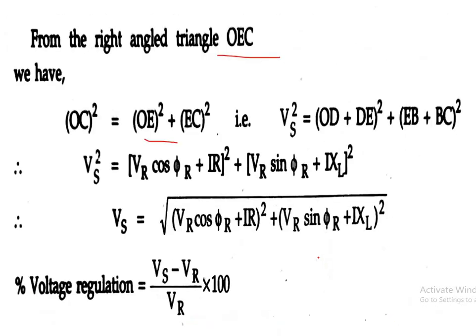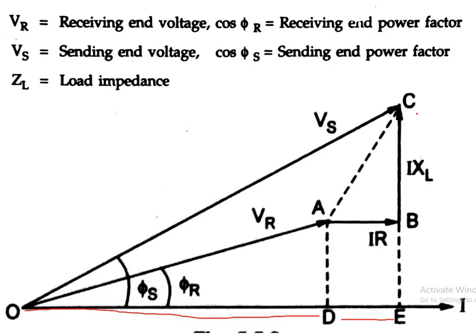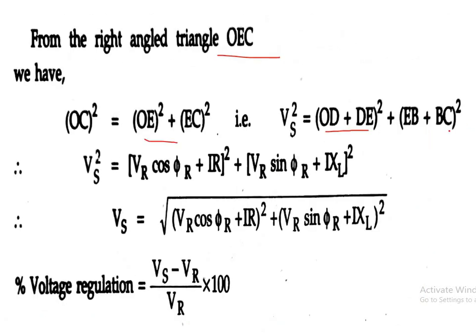So we write OE as OD plus DE whole square. Similarly EC. See here EC: EB plus BC is EC. So we can write EB plus BC whole square.